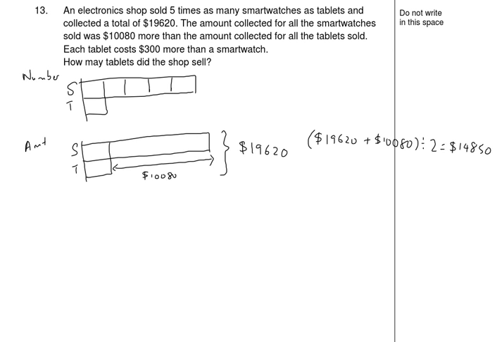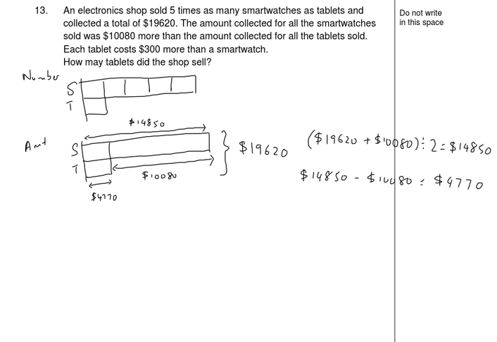So now I have 14,850. I will be able to know my tablet as well, right? So it's 14,850 minus 10,080, right? Equals to 4,770. Anyone has any problem?